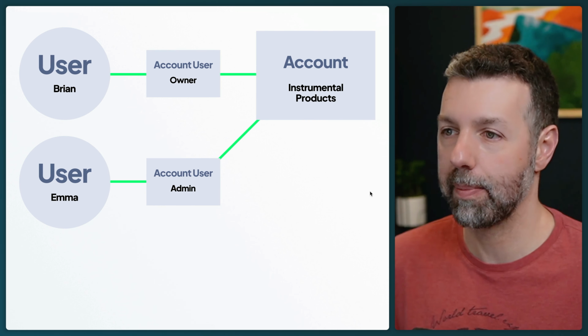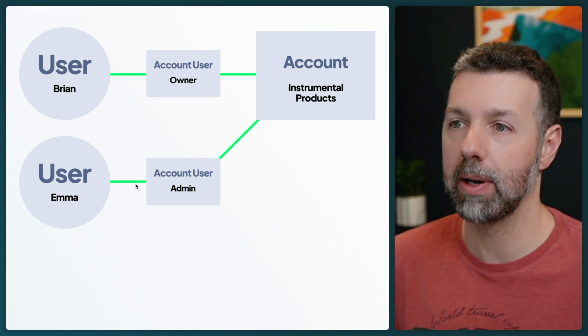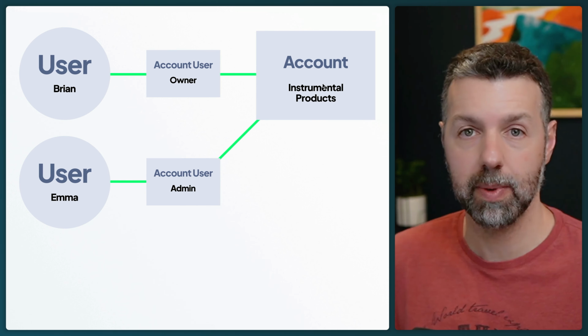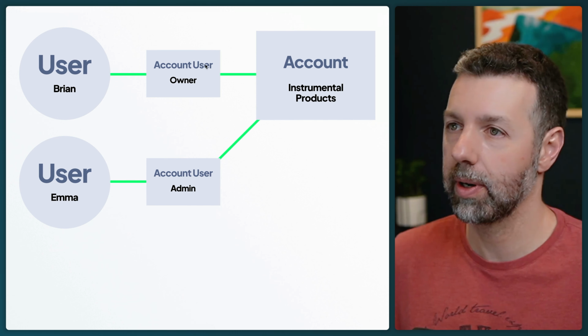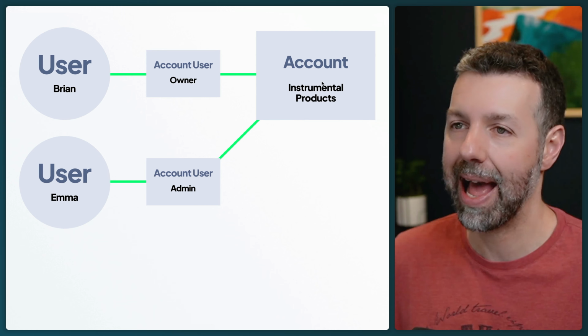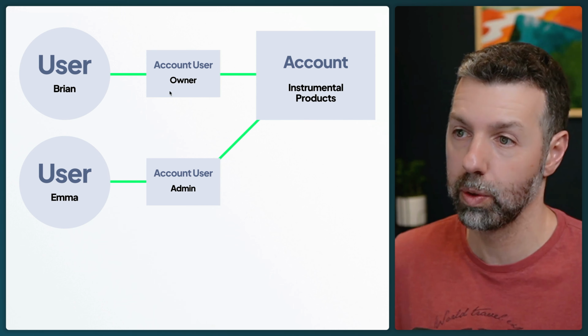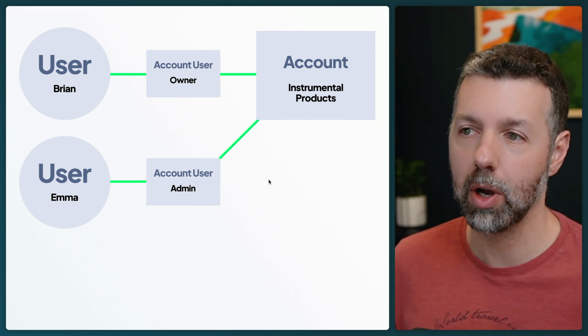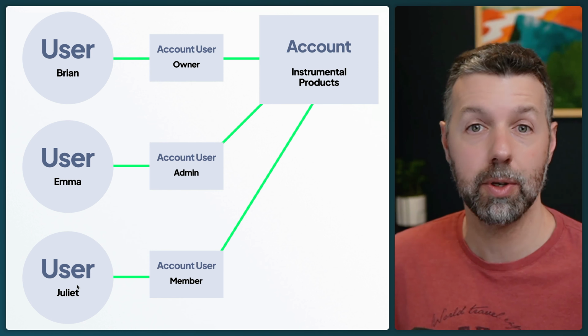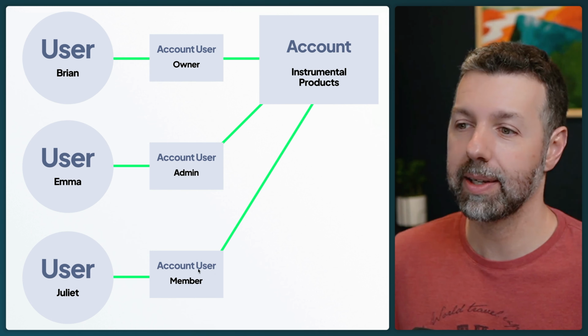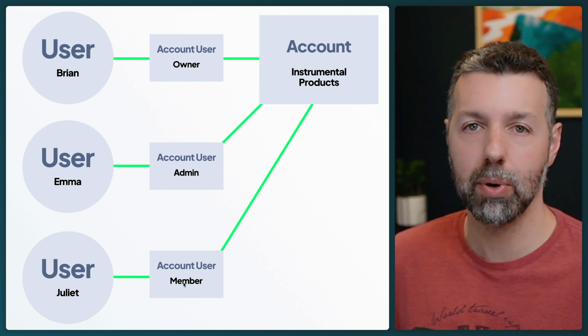But instead of creating a separate account, we were adding Emma as an account user in the Instrumental Products account. So the account has 2 different account users, and the account has 2 users through account users. Now we can keep going with this, of course. I can invite a third user. Let's say this user is named Juliet, and this account user could be a member role.